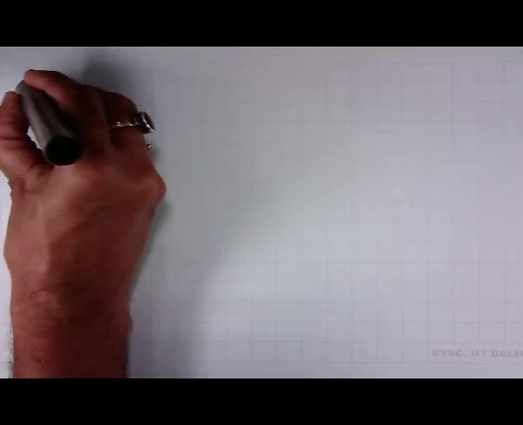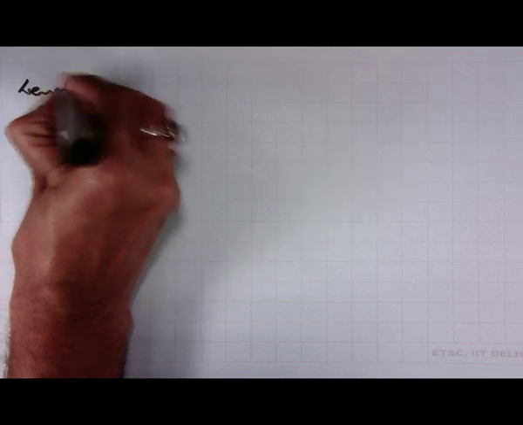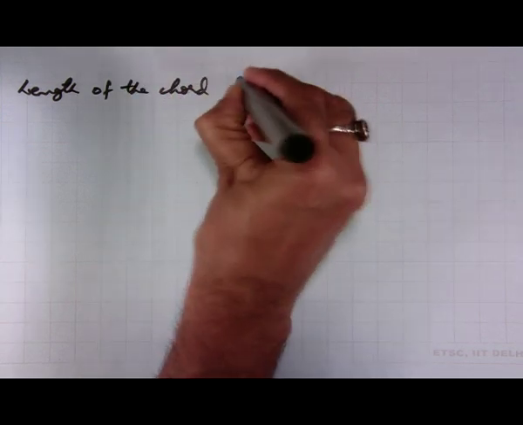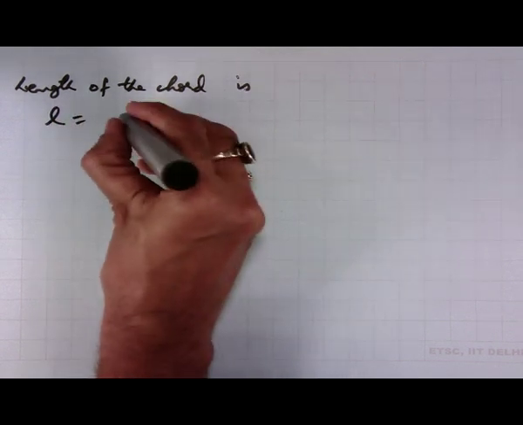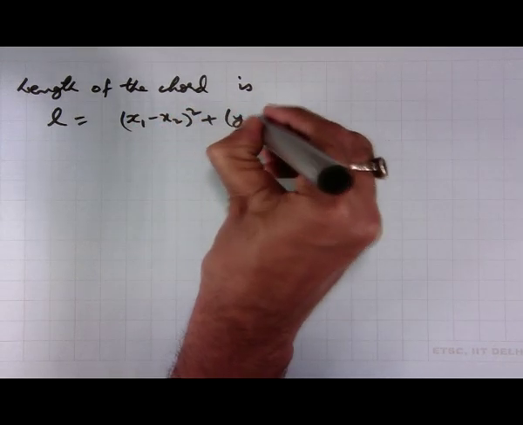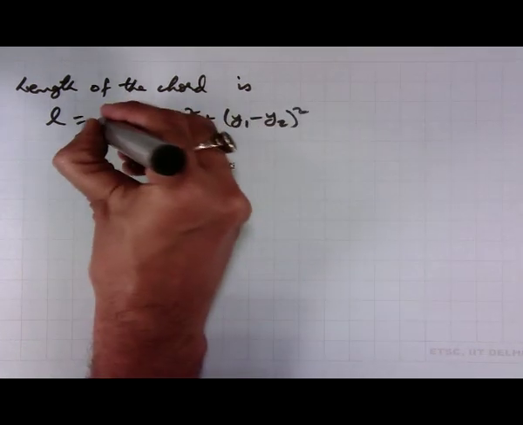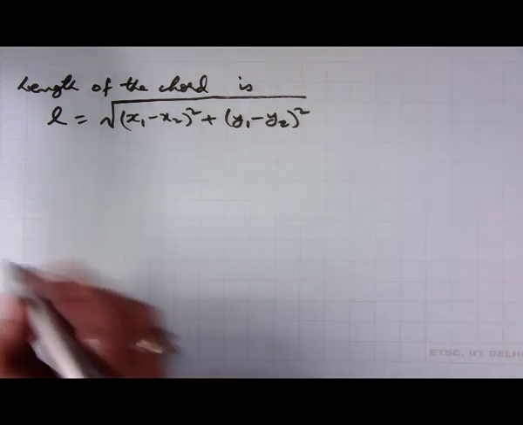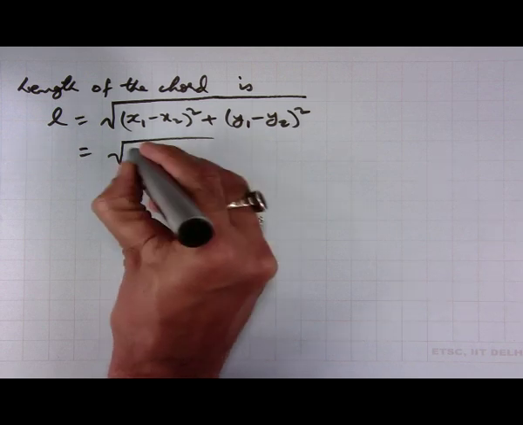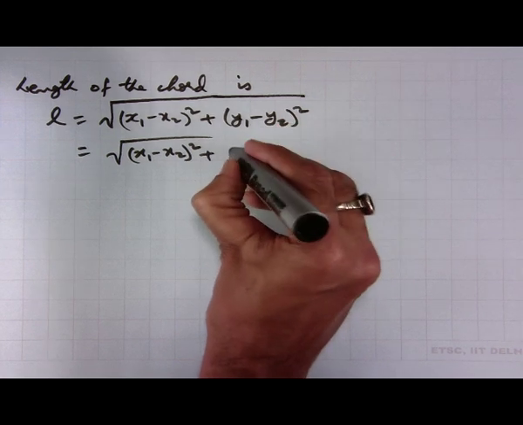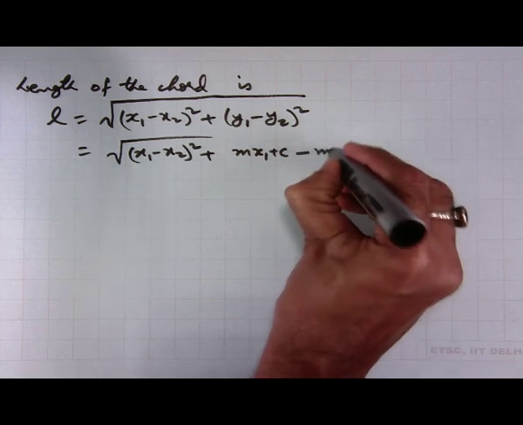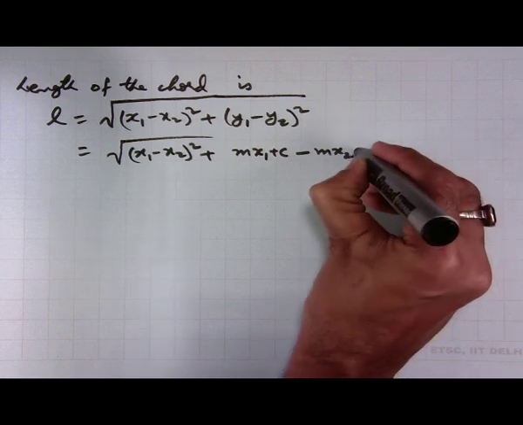where m and c are given as above. Now, the length of the chord is L equal to the square root of (x1 minus x2) square plus (y1 minus y2) square, but this can be written as (x1 minus x2) square plus (m x1 plus c minus m x2 minus c) square.